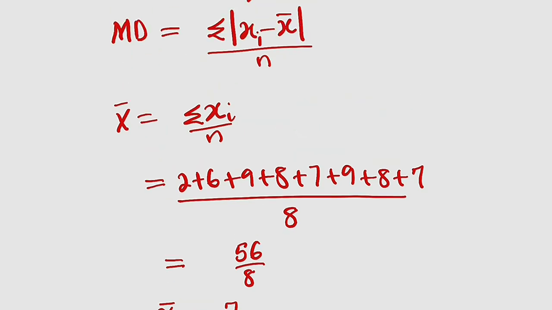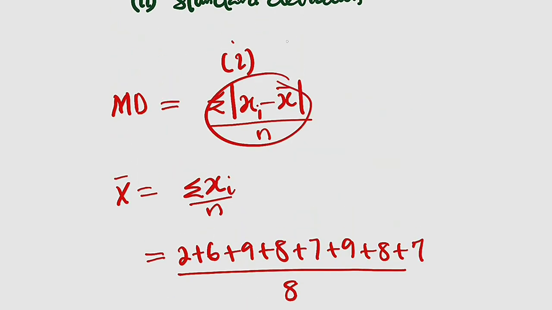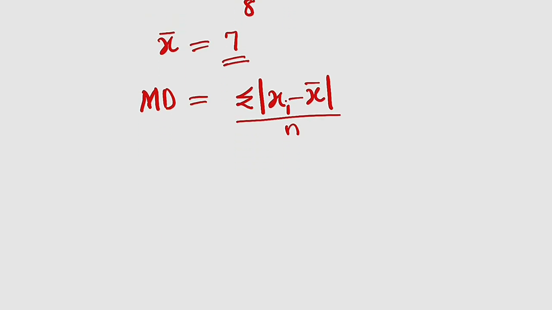So we need to plug in x bar and xi's into this formula. Let me recopy it again. So here's our formula. We take the first number, subtract the mean, then take absolute value, you add. That's exactly how we're going to do that.